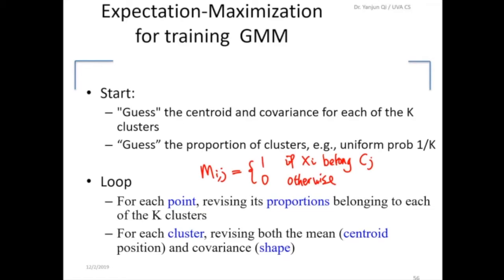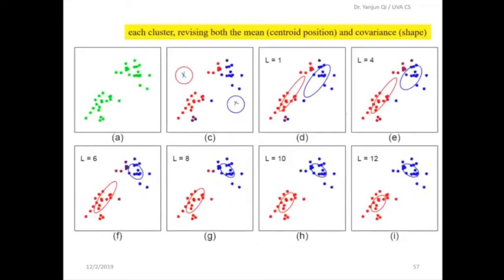In k-means, it's called a hard assignment, and in the Gaussian mixture model, it's called a soft assignment. It's proportional. After you assign the membership of each point to the clusters, you recalculate the mean and the variance, which is almost the same as k-means, where you only recalculate the means. So let's use an example to show this.